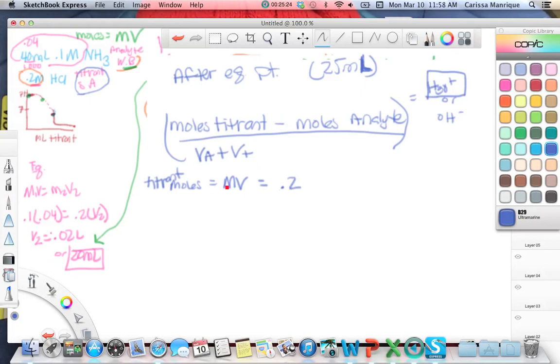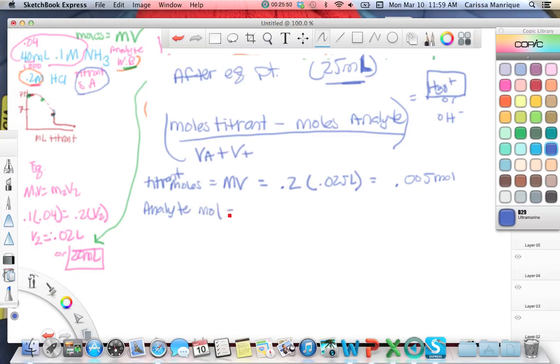And what volume have we added? That's the 25 milliliters, or 0.025 liters. Let's multiply this out: 0.2 times 0.025 gives 0.005 moles.